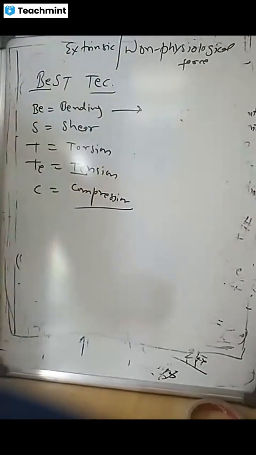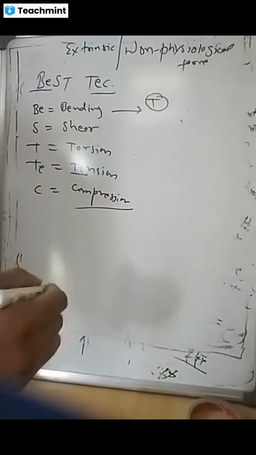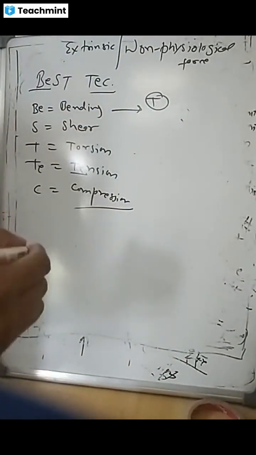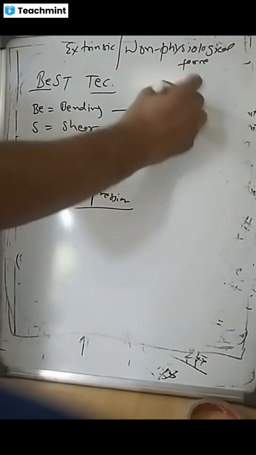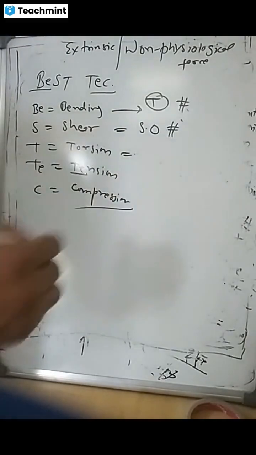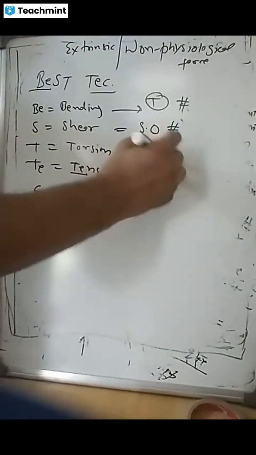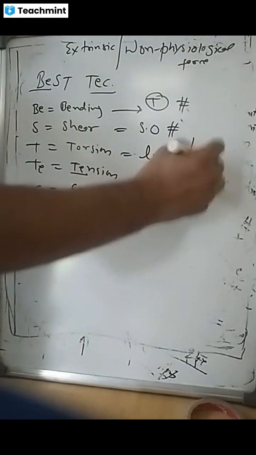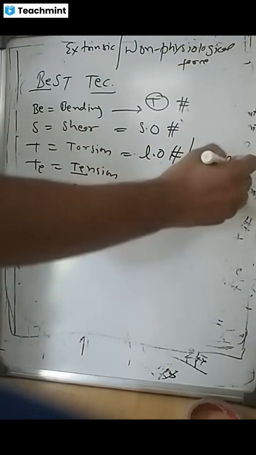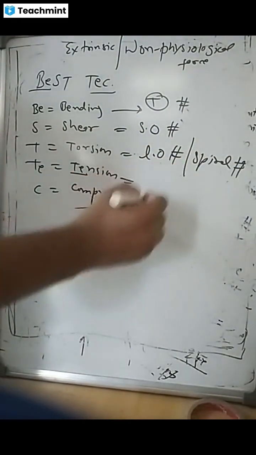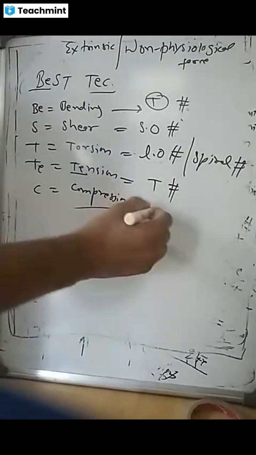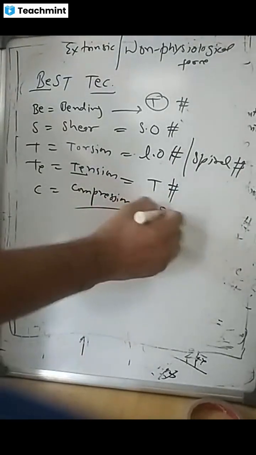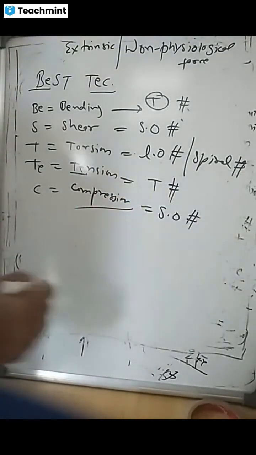They may lead to patterns: transverse fracture without any butterfly fragment, short oblique fracture, and torsion may lead to long oblique fracture, which is also called spiral fracture. And tension may lead to T for T, transverse fracture. And again, short oblique fracture.